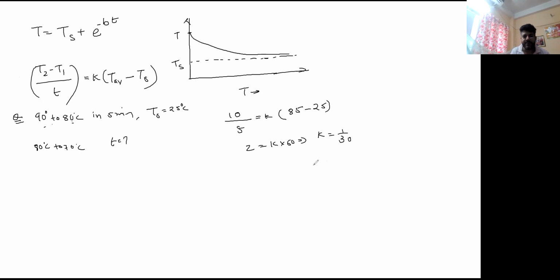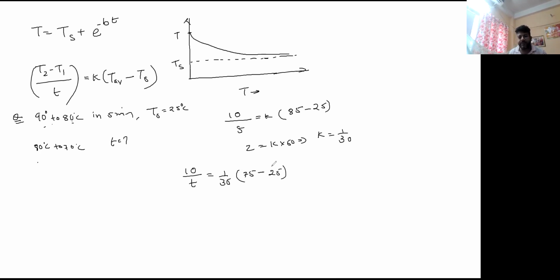As K equals 1 by 30, if we move from 80 to 70 degrees centigrade, 10 by t equals K, that is 1 by 30, times T average, that is 75, minus 25.